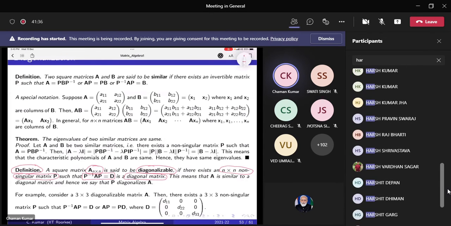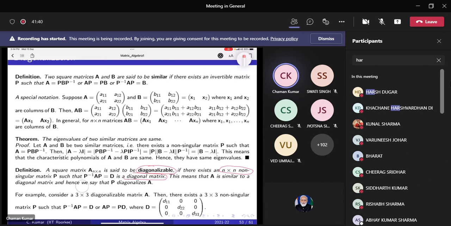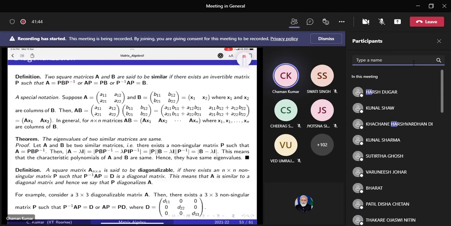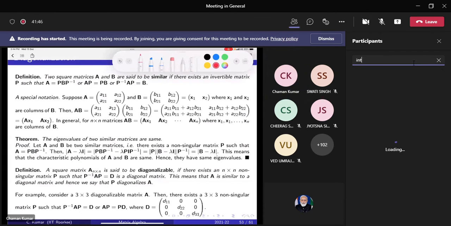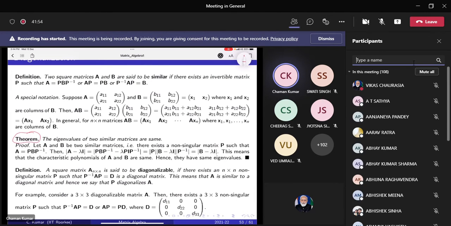Okay, so no need to calculate the eigenvalues of A. You just calculate the eigenvalues of the diagonal matrix, and then you get the eigenvalues of A if A is diagonalizable. Okay, so that is why I said that this theorem is very useful. Instead of dealing with the matrix A, you deal with a simple matrix B, which is similar to A. Fine.